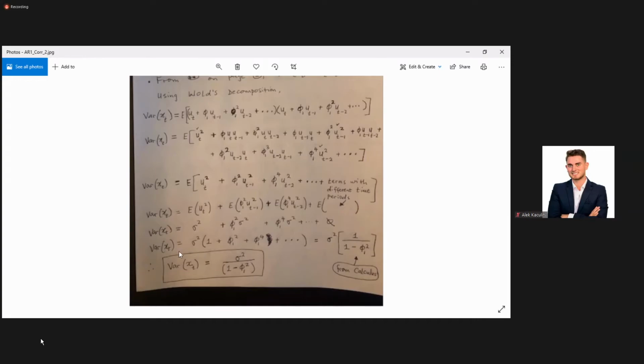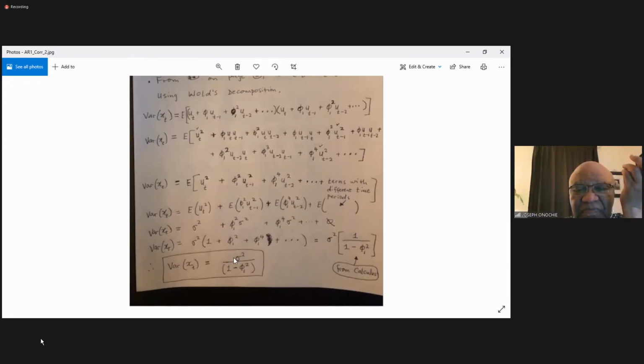So the variance of the whole process is the variance of the white noise process, which is homoscedastic, which is constant, divided by 1 minus phi 1 squared. Phi 1 is the coefficient of the x sub t minus 1 lag variable. Now, this is the variance of x t, which is the same thing as autocovariance at lag 0.